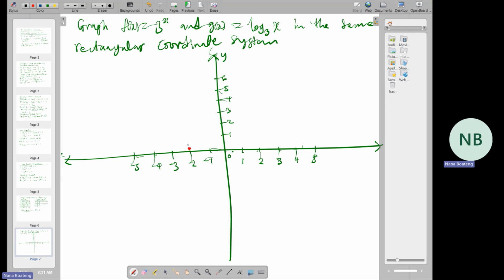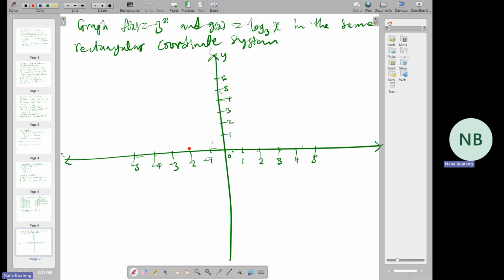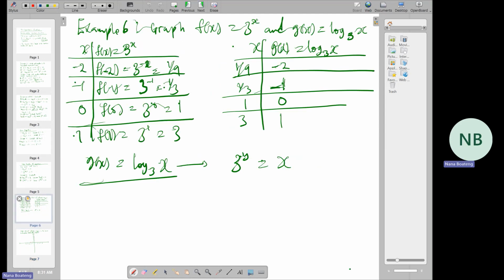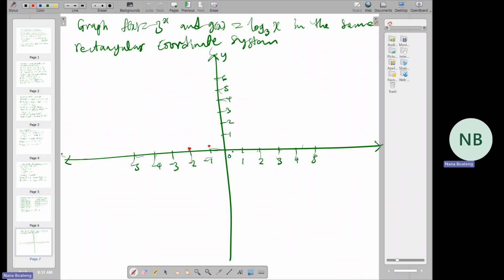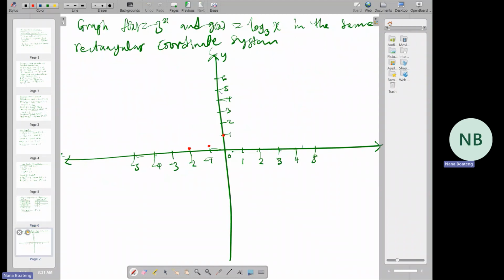If x is -1, y is about 1/3. It's at this point. And if x is 0, y is 1. It's about this point. And if x is 1, y is 3, it's about this point.